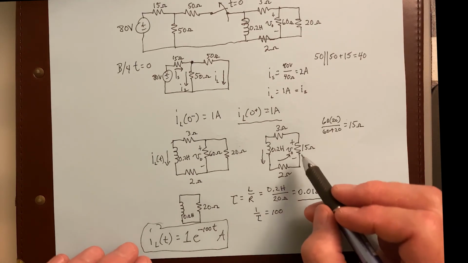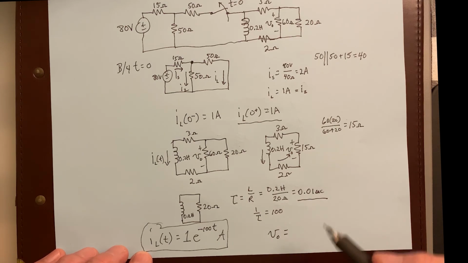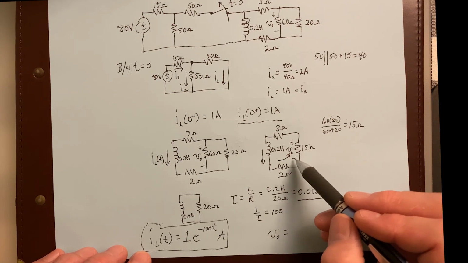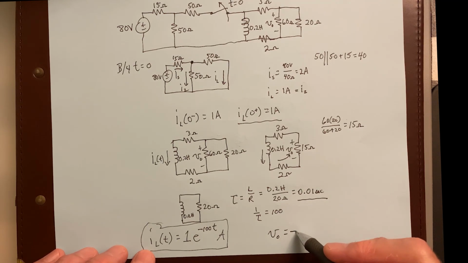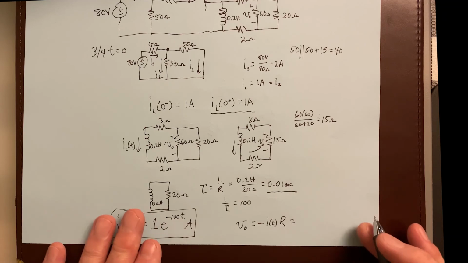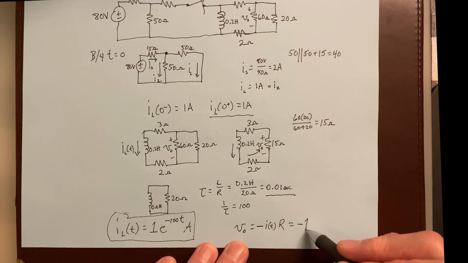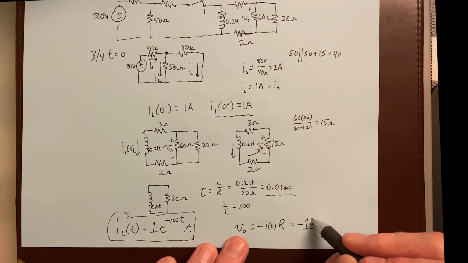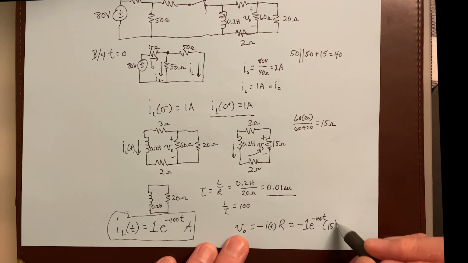All right, so what is V naught? Now notice the current is going in through the negative terminal of this 15 ohm. So we need to write V equals minus I as a function of time times R, and R is going to be 15. So this V naught is equal to negative 1 times e to the negative 100 t times 15.